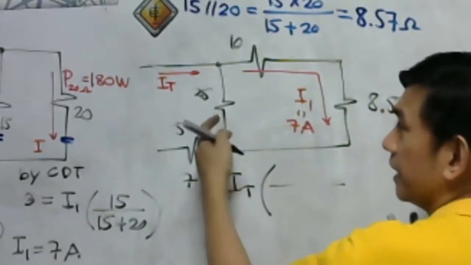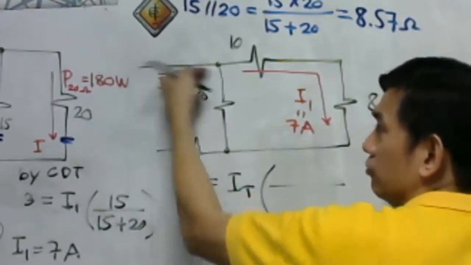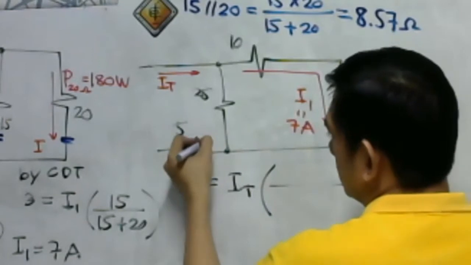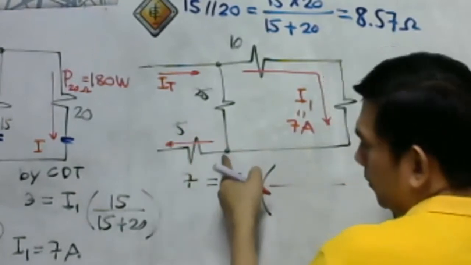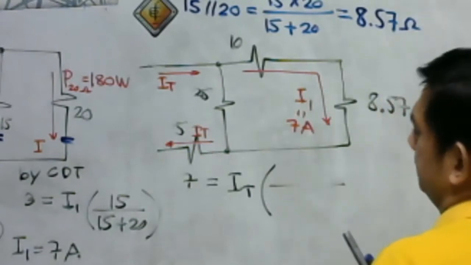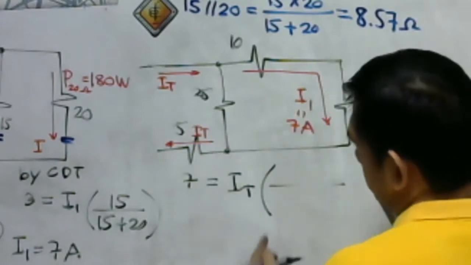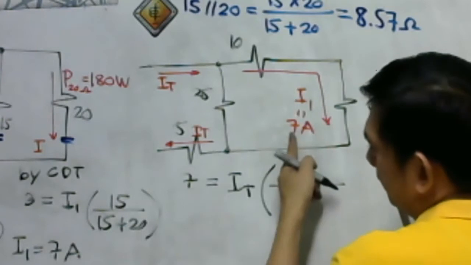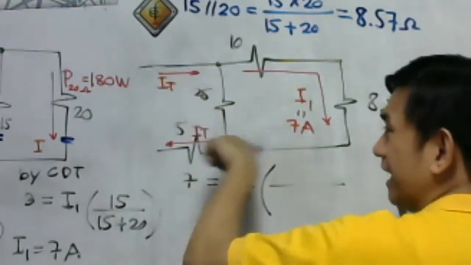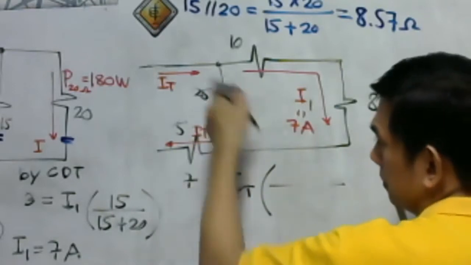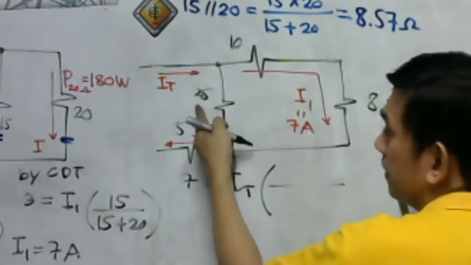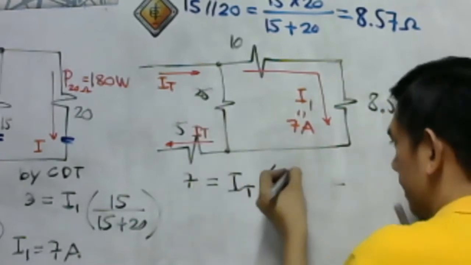Again, the resultant current is the current entering the node. And also that is the current leaving this node, the lower portion. That is also I total. Always remember that. Multiplied by the opposite resistance, which is 25.